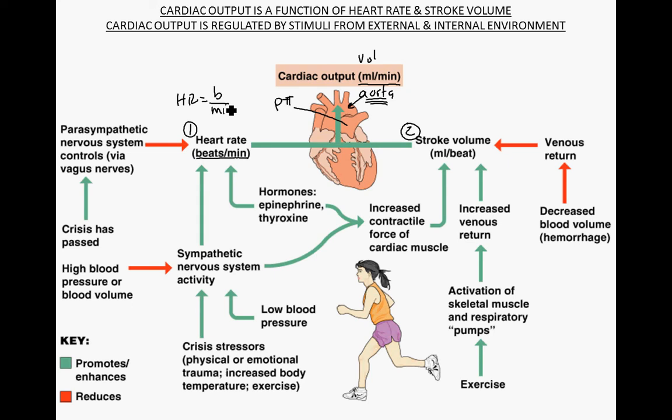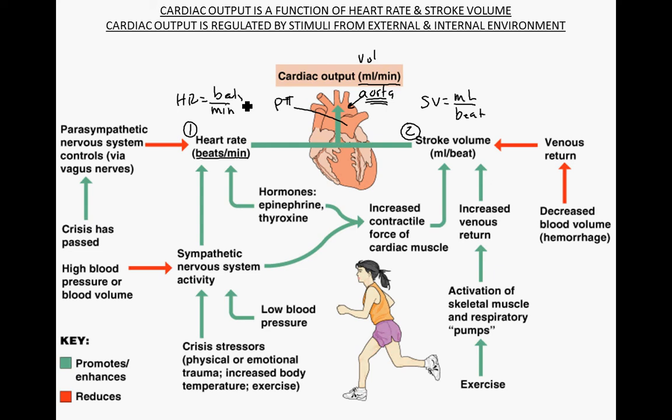Stroke volume, on the other hand, abbreviated SV, is the volume that leaves each ventricle in milliliters per beat. Right? So this is beats per minute, and then stroke volume is milliliters per beat. So how much comes out with each contraction, each ventricular systole into this aorta.